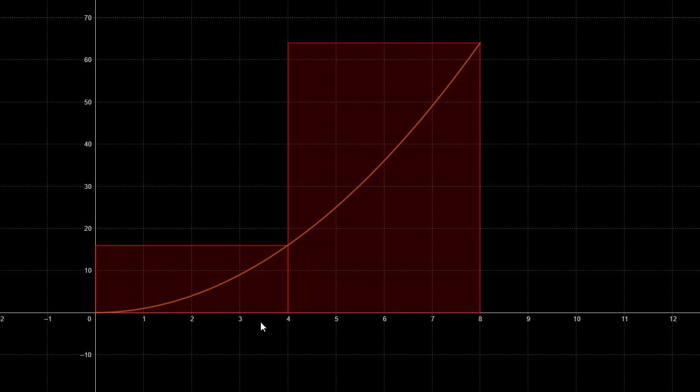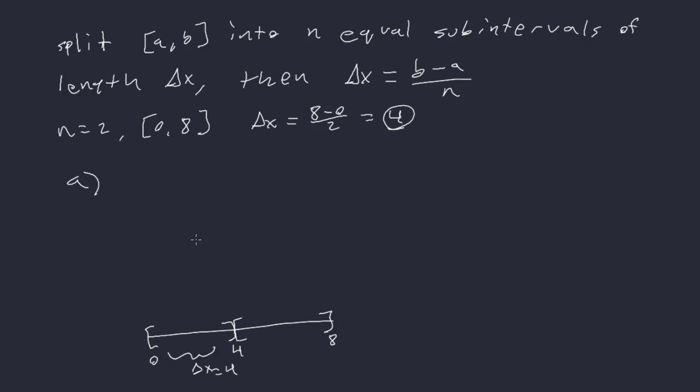So we split the interval in half, and then we get our height from the right-hand side. So this first height here is going to be f of 8, and the other half is going to be f of 4. To give you an idea here, we made a rectangle using this height here. So this would be a height of f of 8, and then we used this height here, which was f of 4.